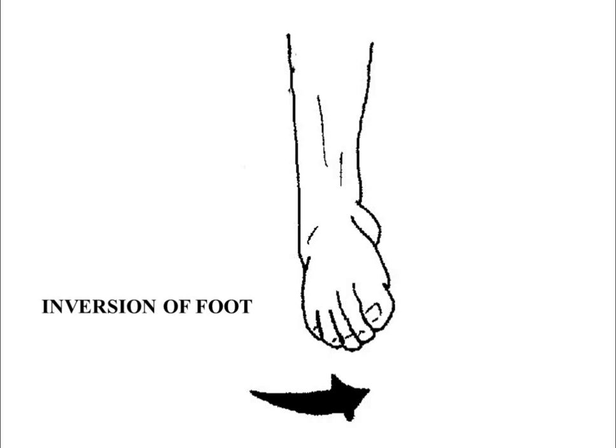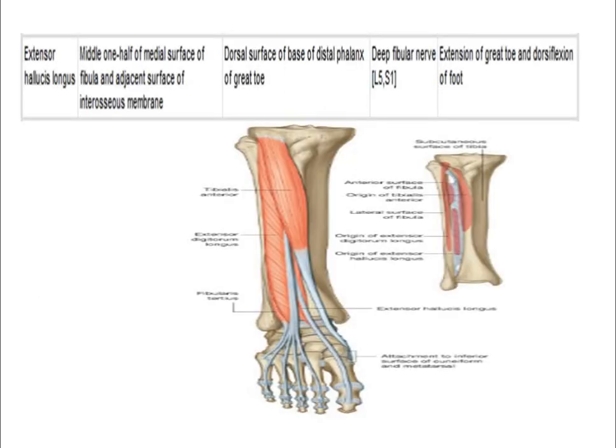This is showing the inward movement of the sole when the medial border of the foot is raised and the sole faces medially. This is inversion of the foot. So tibialis anterior causes dorsiflexion of the foot, inversion of the foot, and helps in maintaining the medial longitudinal arch.